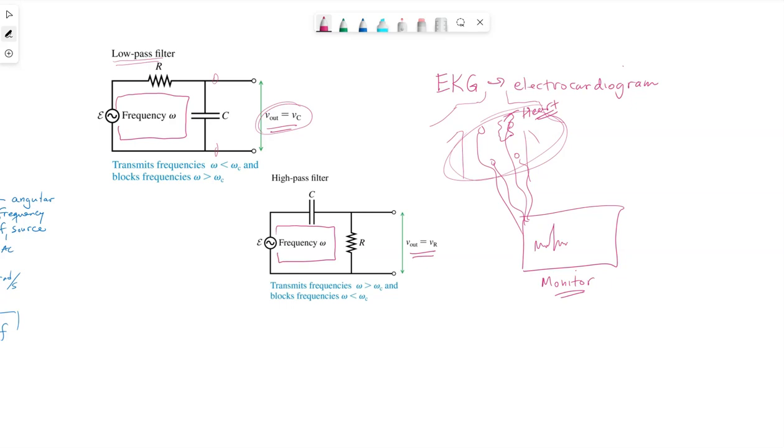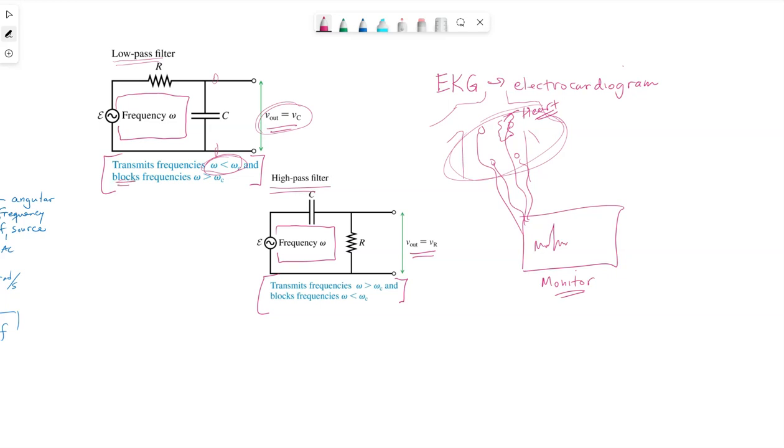already built in. Now, the difference between a low-pass filter and a high-pass filter is essentially the frequencies that they transmit. So a low-pass filter will transmit frequencies that are smaller than the crossover frequency.